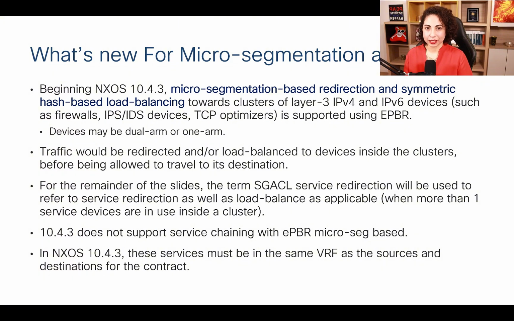We can redirect through anything. In our lab, all those fancy devices to which we are redirecting traffic are actually just IP addresses of a Nexus 9K that will simulate all this, but that's the idea: we can redirect to anything.